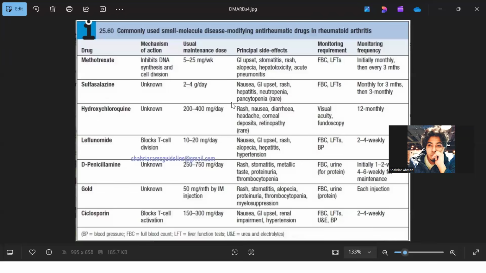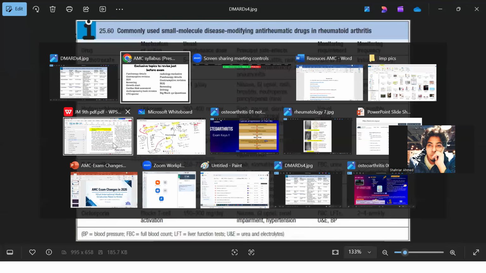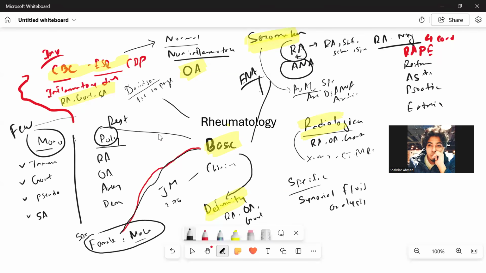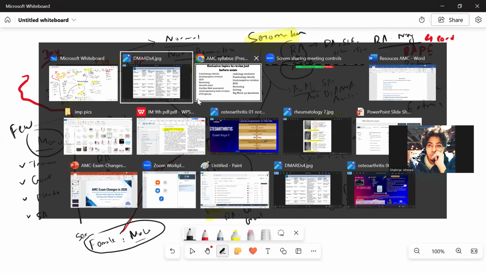Coming to the disease modifying anti-rheumatic drugs, let me remind you, we have gone through the basics, and then the arthritis chapter where we covered septic arthritis, some child-related arthritis, juvenile rheumatic fever, osteoarthritis, and rheumatoid arthritis. Coming up shortly are SLE and gouty arthritis.